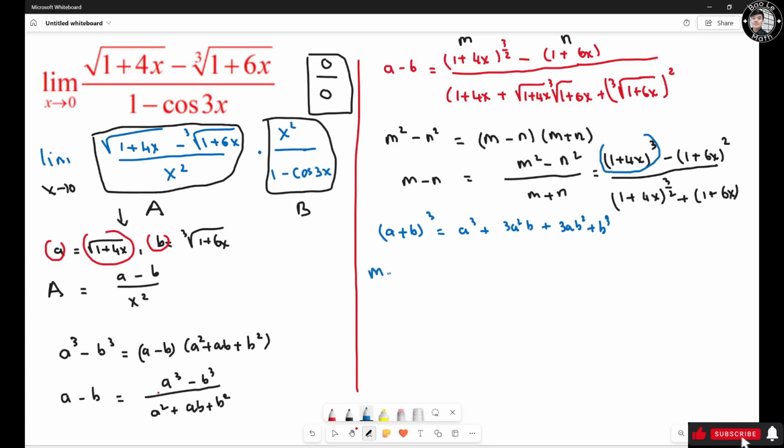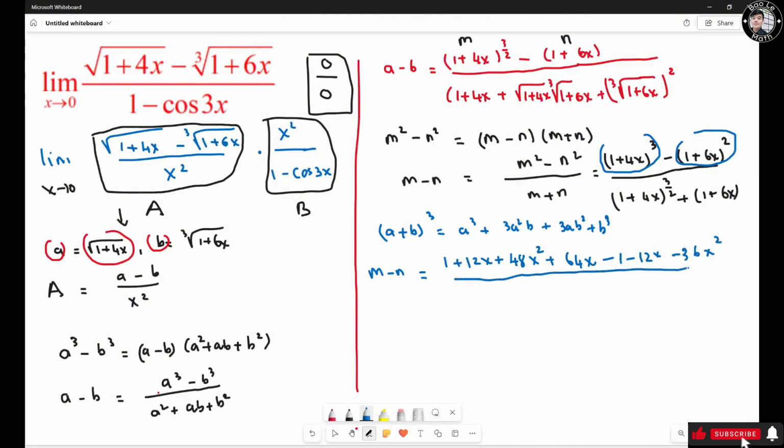So m minus n becomes 1 plus 12s plus 48s squared plus 64s cubed, right? Now for this one right here, I just use the complete square formula to expand this one, right? Don't forget to distribute negative 1 right here. So it turns out to be minus 1 minus 12s minus 36s squared, right?